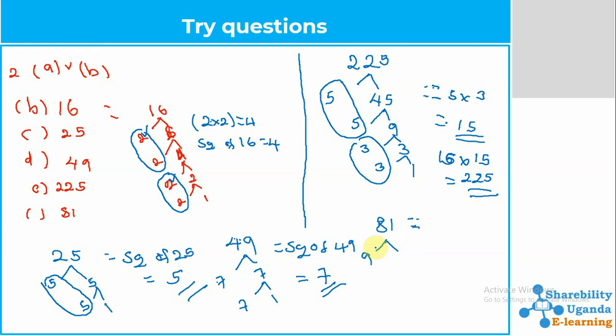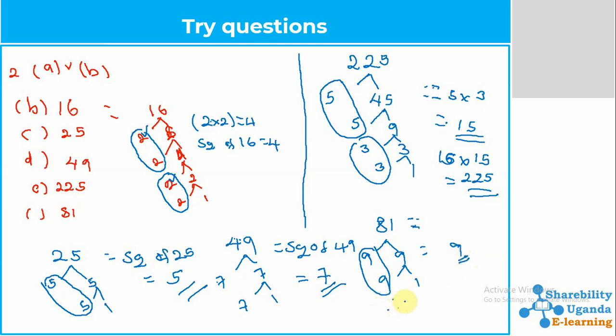Okay, so when we divide this by 9, we shall still get our answer is 9. And also when we divide 9 by 9, we get 1. So this simply means we have only got one pair of 9. So if we only have one pair, that means we shall only take our 9 as the square root.